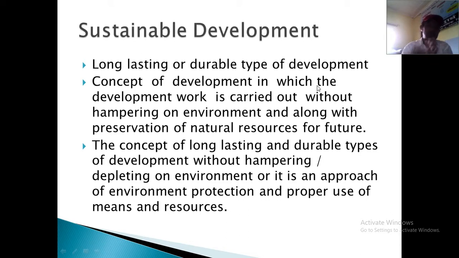It means carrying out the development work along with the preservation of natural resources and minimum hampering of the environment, that is called sustainable development. My dear student, whatever activities human society does, directly or indirectly it affects the environment, but sustainable development focuses that there should be minimum or low effect on the environment due to human activities.